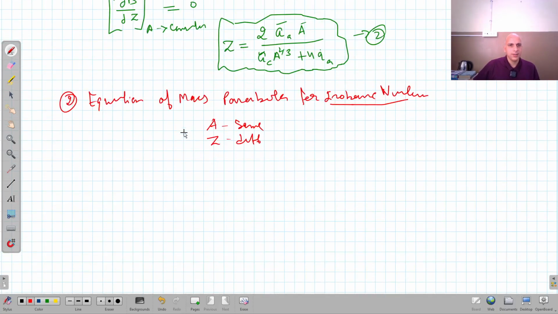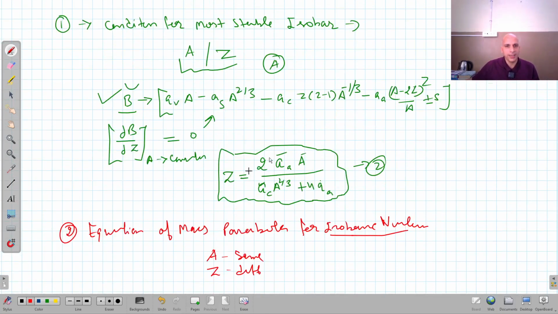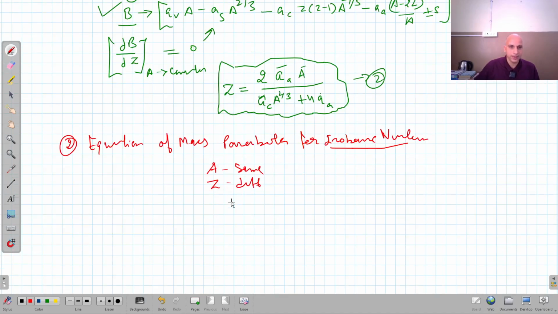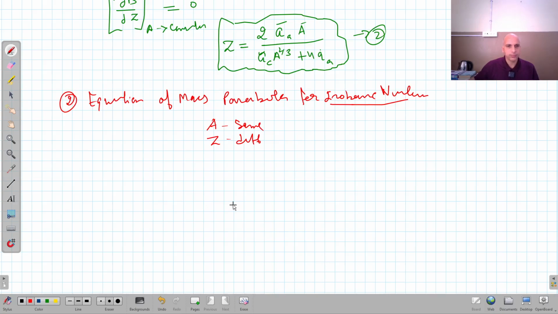I'm not going into all that calculation, I'm simply writing it here: M(A,Z) is equal to alpha into A plus beta into Z plus gamma into Z square. Now this is the mass of the atomic nucleus.